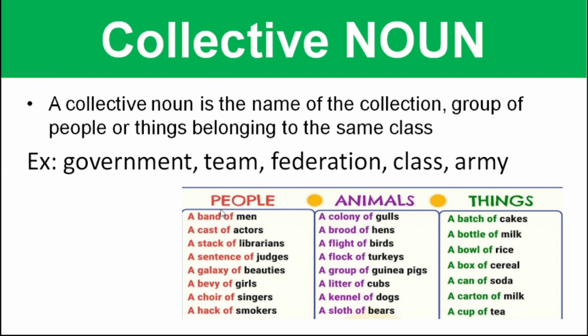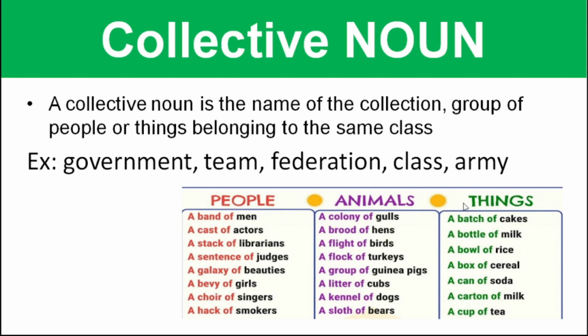Example: a band of men, a cast of actors, a stock of librarians. Look at collective noun examples for animals: a brood of hens, a flight of birds, a flock of turkeys.